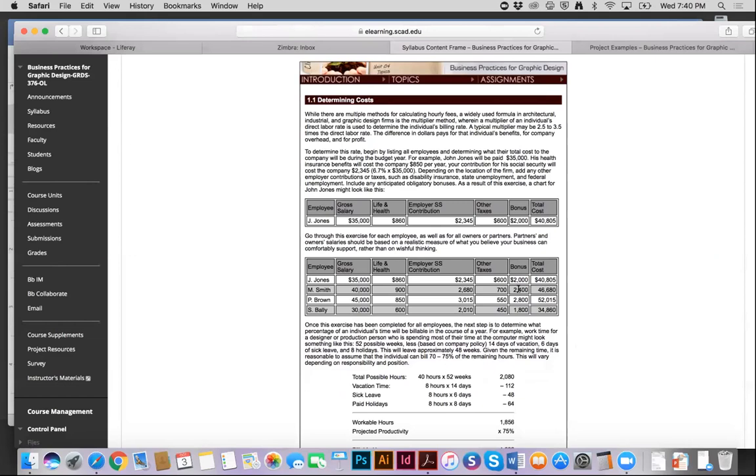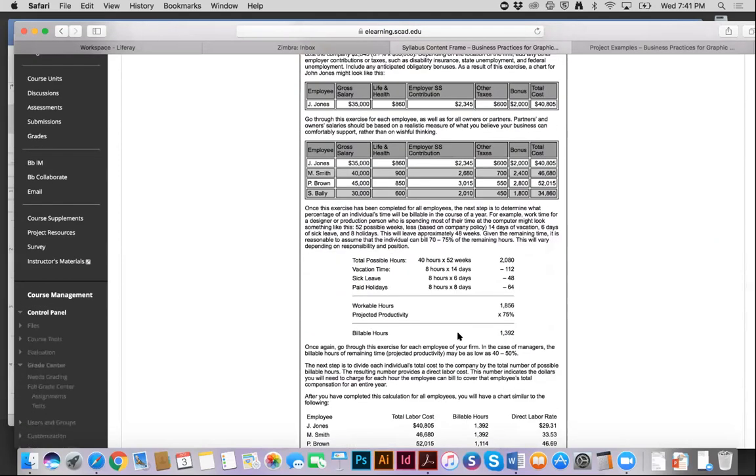This model came from a designer who owned a business in Manhattan for 30 years, and he used it to set his rates. It's called the multiplier method. As you can see, it multiplies as you go through it based on certain things.